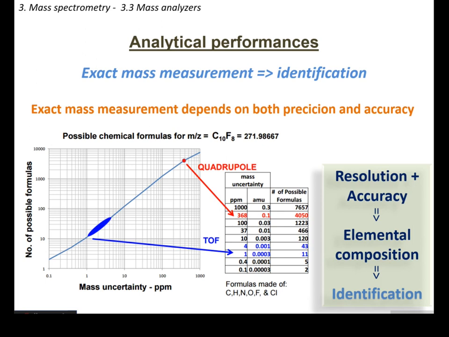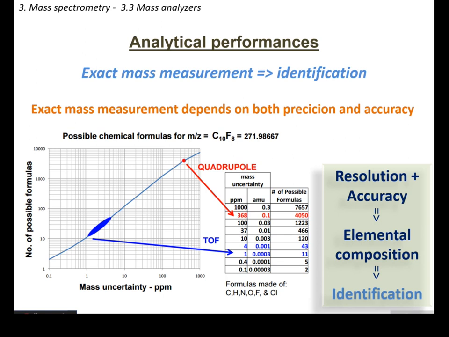These analytical performances are very important to identify compounds because exact mass measurement, which depends both on precision and accuracy, will give you very few possible raw formulas. And the raw formula, which is the elemental composition of the molecule, is extremely important to start identifying this molecule. So here you have an example with a quadrupole and a time of flight. One has an accuracy of 368 ppm, and the other of only 1 ppm.